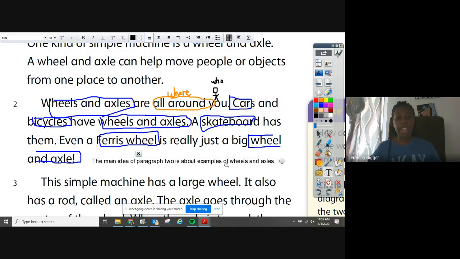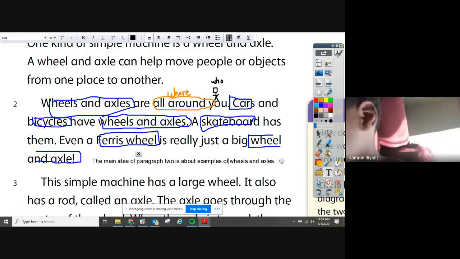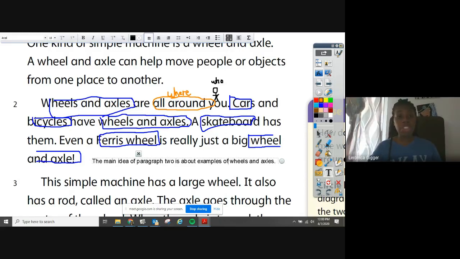So what are examples of wheels and axles? Cameron, give me an example of a wheel and axle based on paragraph 2. A simple machine? Well, the word simple machine is not anywhere in paragraph 2, sweetheart. We want to use words from paragraph 2 to give me an example of a wheel and axle.